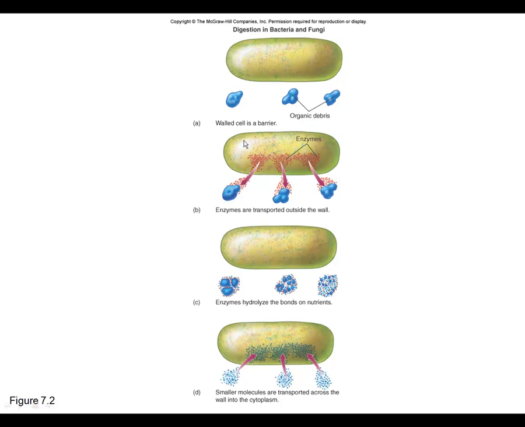So what will happen is these bacteria or these fungi will release enzymes that are going to have an effect on these organic molecules. These enzymes will hydrolyze these enormous pieces of debris into smaller, tiny molecules. And once they are in this smaller molecular form, they can be transported across the membrane, across the cell wall, into the cytoplasm, where they can be used for nutrition and energy.